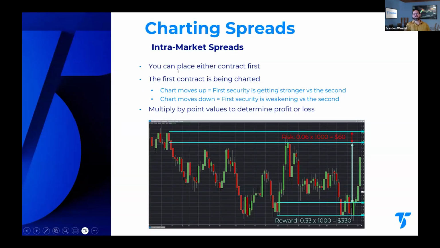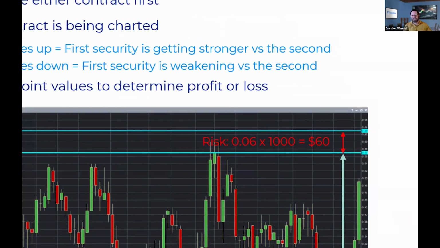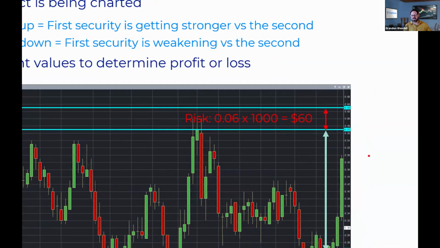And when you're using intramarket spreads, where it's the same security, you have to do a little bit of work on the chart, not too much. What happens is the difference between where you're possibly entering and exiting, or in this case, if you're shorting here and stopping out above, that difference has to be multiplied by the point value to get the actual gain or loss that would be experienced.